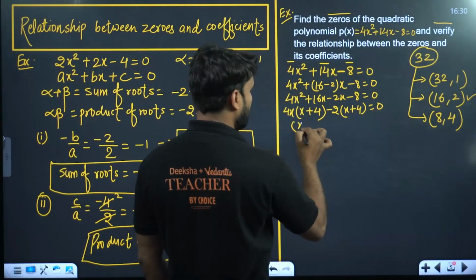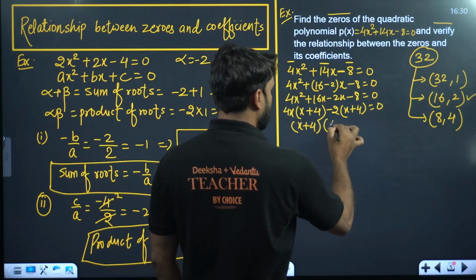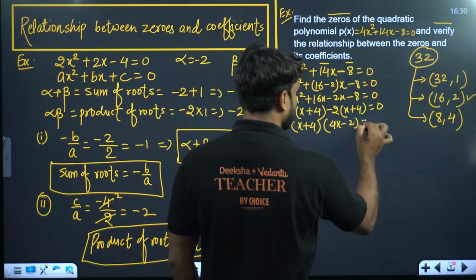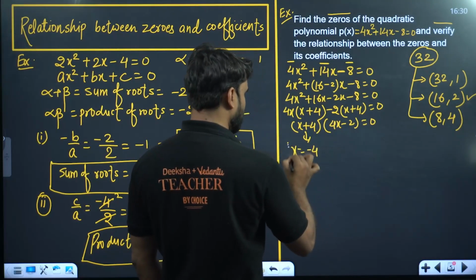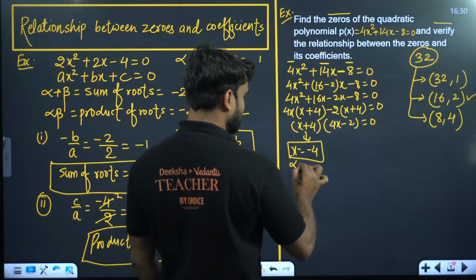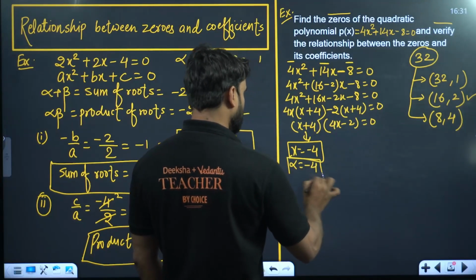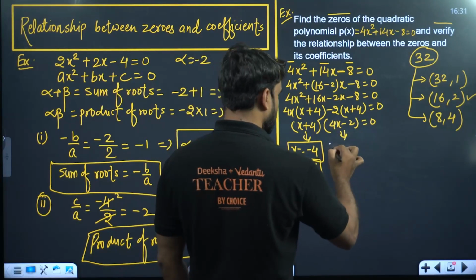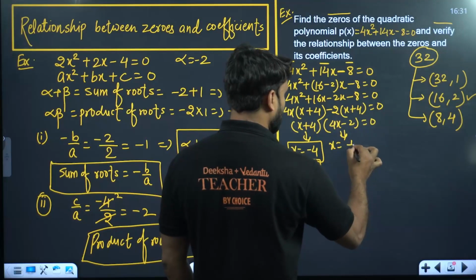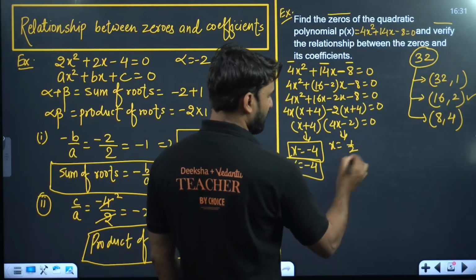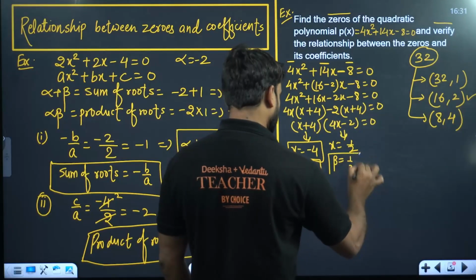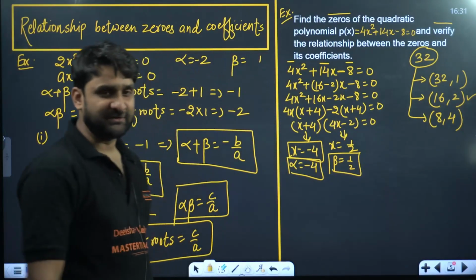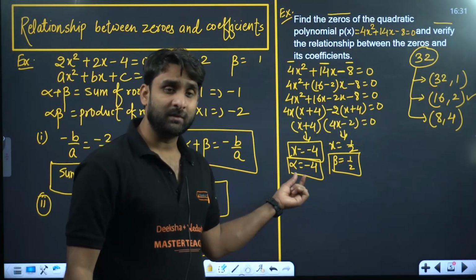So we have two brackets: x plus 4, and the other bracket is 4x minus 2 equals 0. From the first bracket, x will become minus 4, which we can call alpha. From the other bracket, x will become 2 by 4, which is equal to 1 by 2. We can call it beta. So beta is equal to 1 by 2. I hope this is clear too. So we have two zeros, two roots.